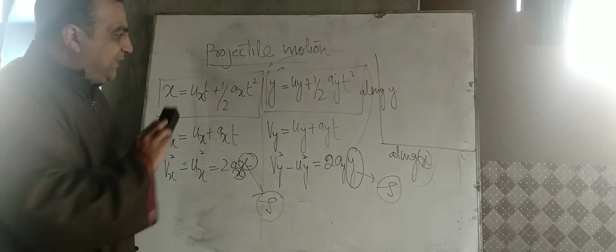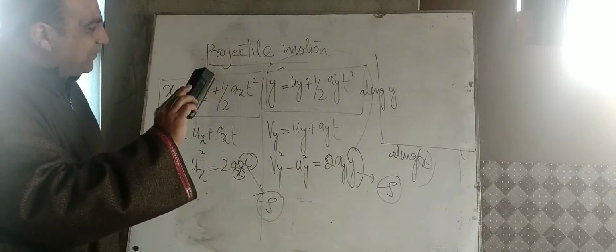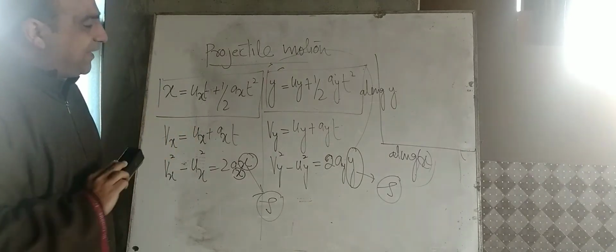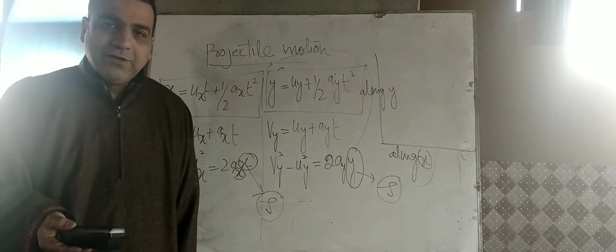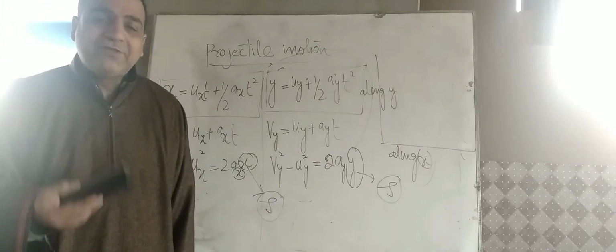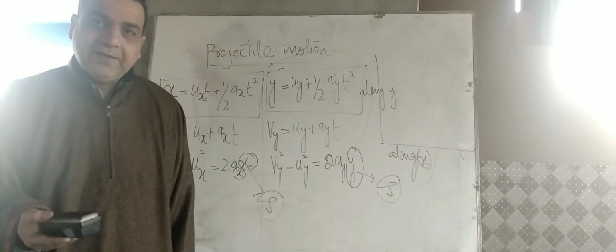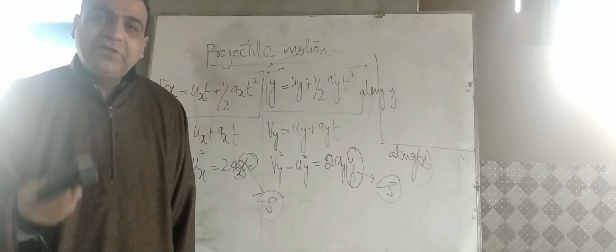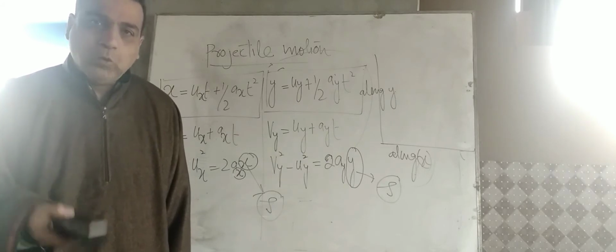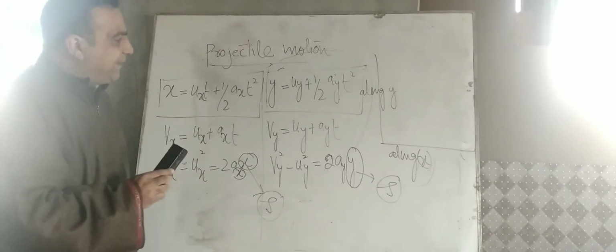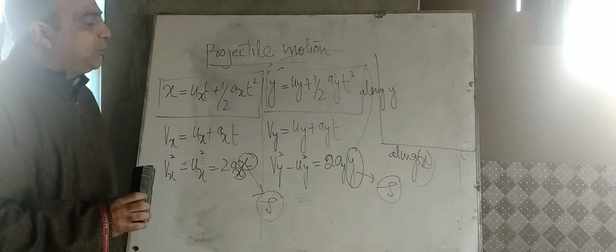So this will be the basic funda that will be used to derive certain expressions that signify the predictions of projectile motion. So these equations will be playing an important role.